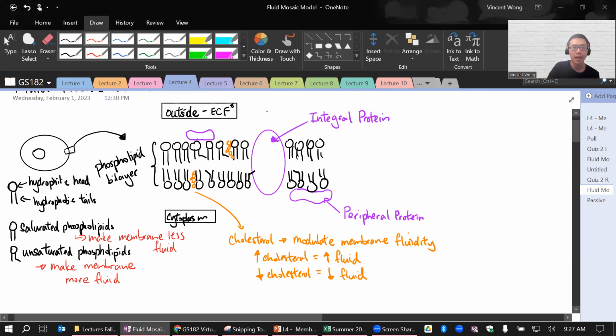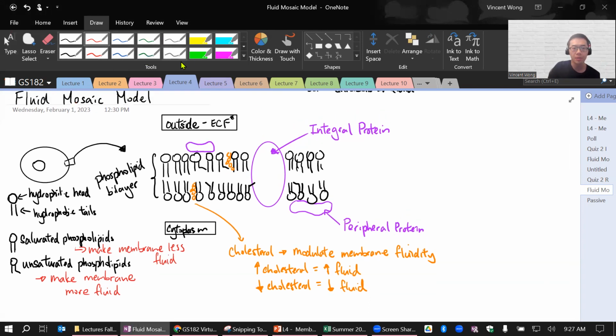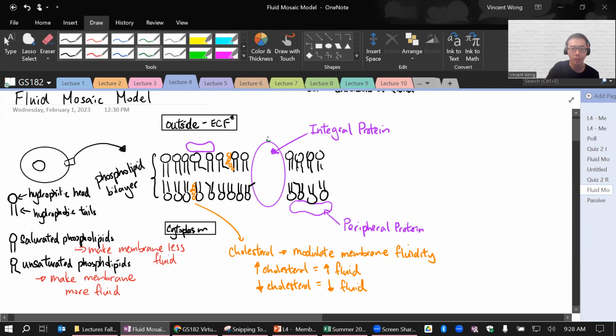All right, what else do we have here? Sometimes you might have some sugar that are stuck on the protein. Right, these are carbohydrates. Okay, so if you have sugary stuff that are stuck on the protein, we call them glycoprotein.